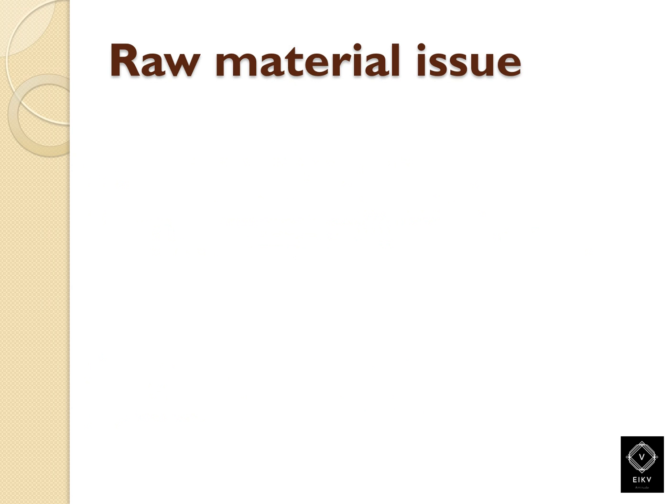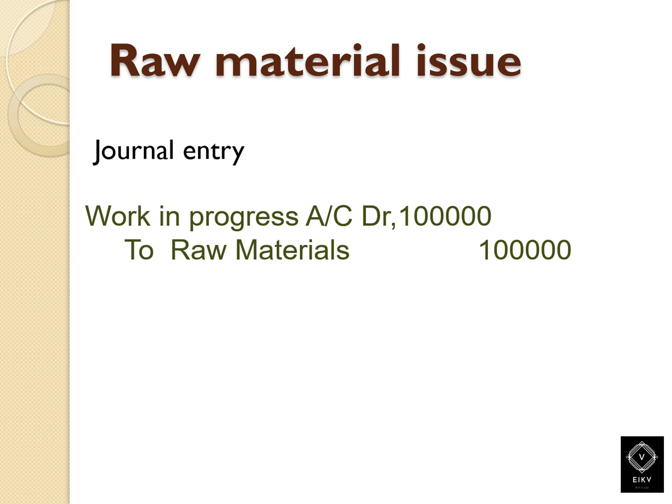I'll go to the material issue entry. The journal entry will be: work in progress account debit, to raw material. Here the work in progress account is a current asset account. Raw material is also a current asset account. The scenario is that raw material decreases. What we have purchased has been taken for production.